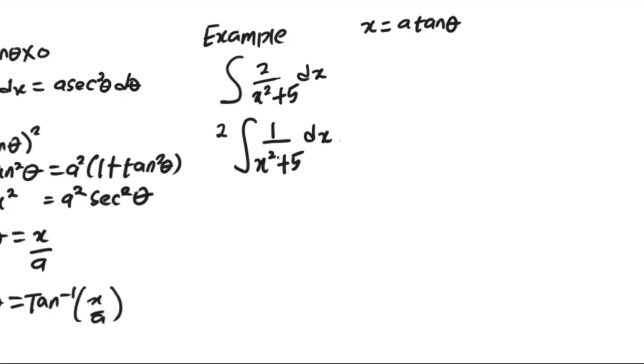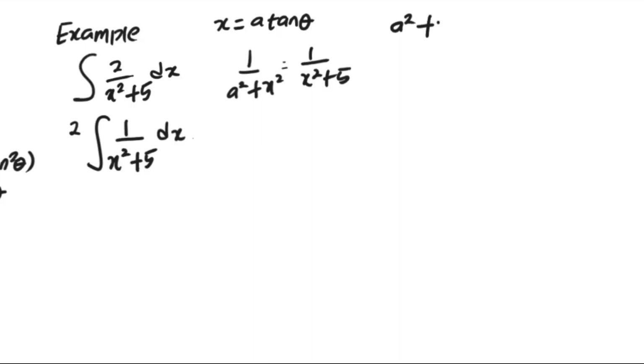So now let's compare 1 over x squared plus 5 with the general form, which is 1 over a squared plus x squared. They have the same numerator, so it means that a squared plus x squared is equal to x squared plus 5. From here, it means a squared is equal to 5 and a is equal to root 5.